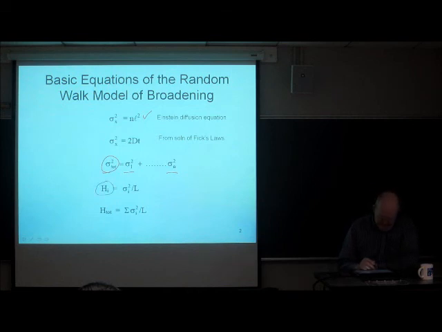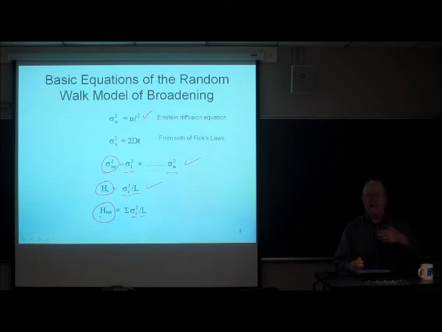The HETP, coming from basic stuff, is the variance of the peak divided by the length of the column. And so since this is true, this is true, and this is true, we put them together, and we see that the total HETP is the sum of the variances divided by L. We add up the individual variances.